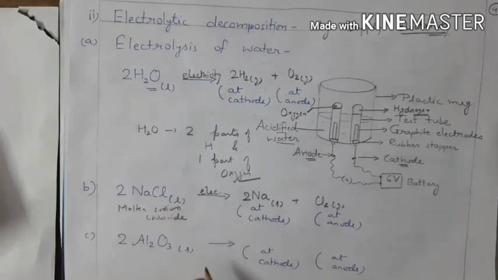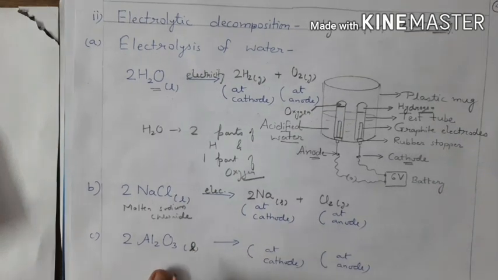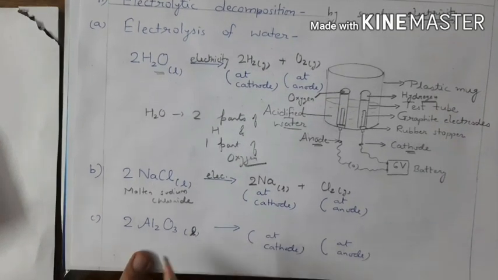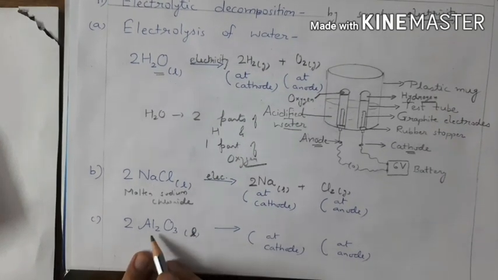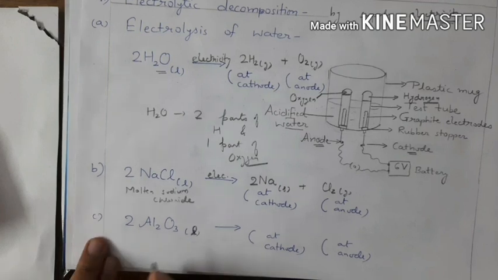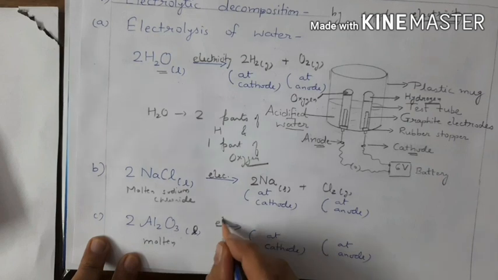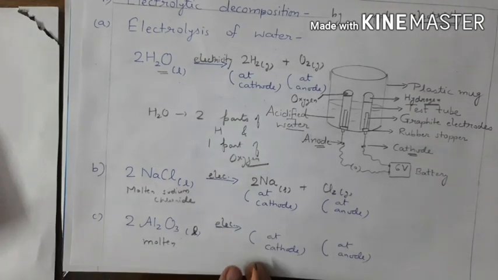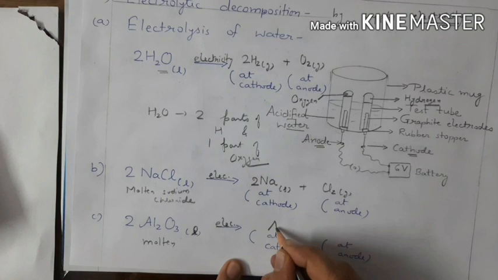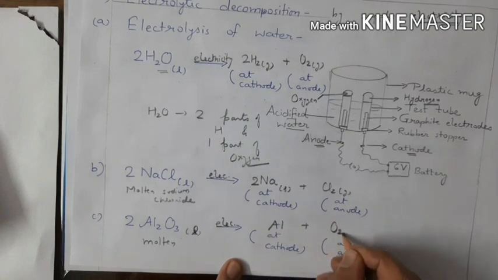Similarly, we can also use this in obtaining aluminium and oxygen gas from aluminium oxide. Aluminium oxide is Al2O3. In molten state, when we allow the electric current to pass through it, it breaks down into aluminium and oxygen.